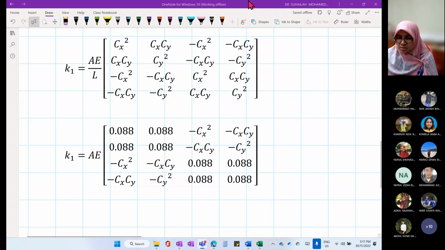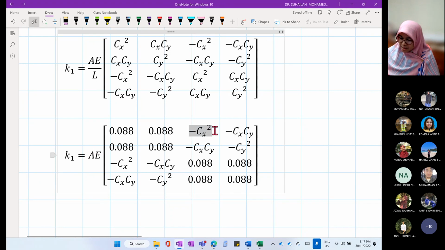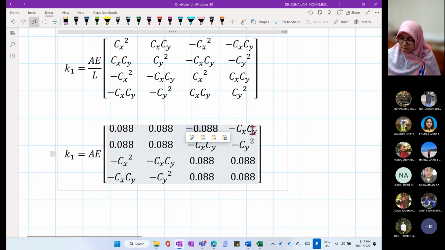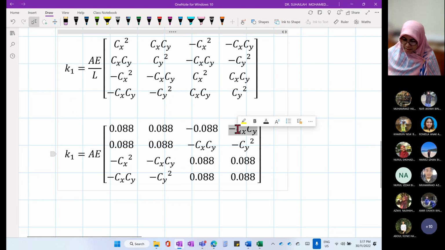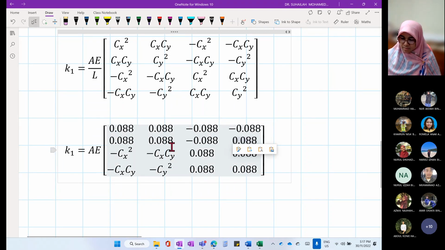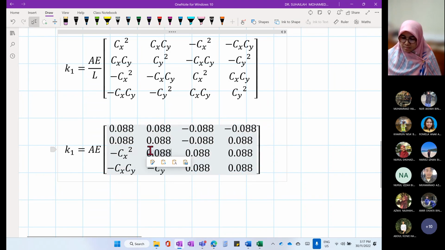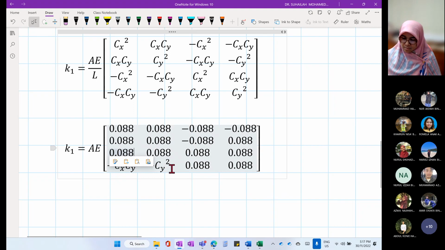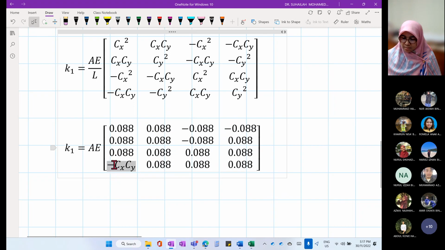Okay, so continue. Just complete this matrix. So this one will be negative. Negative. That is why the arrow is important.